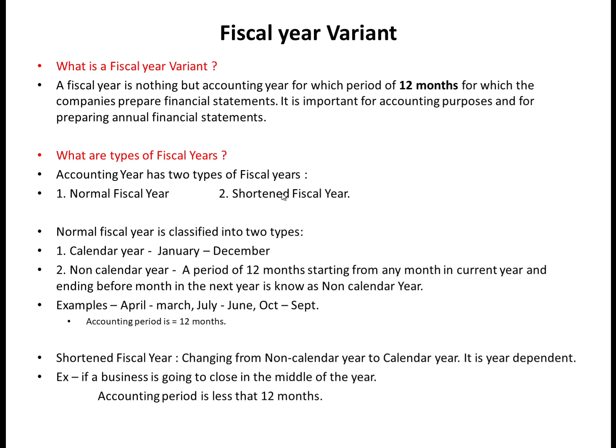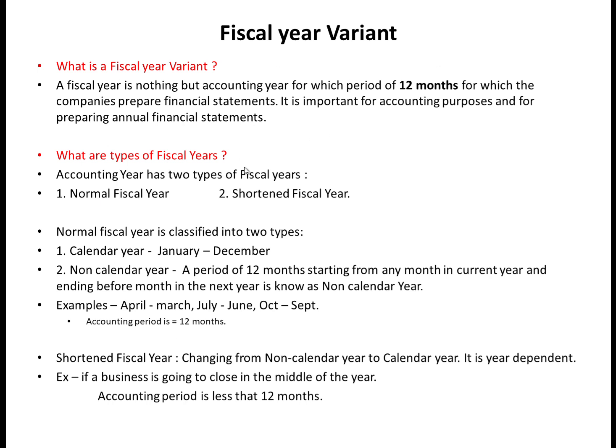One is from January to December, and another is April to March. So this kind of financial years are available. A fiscal year is a financial year used to calculate all the transactions done in 12 months.